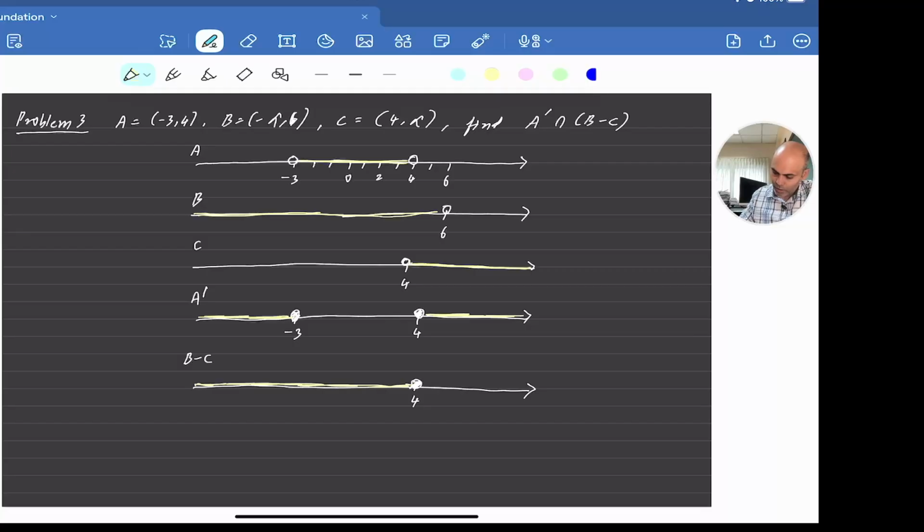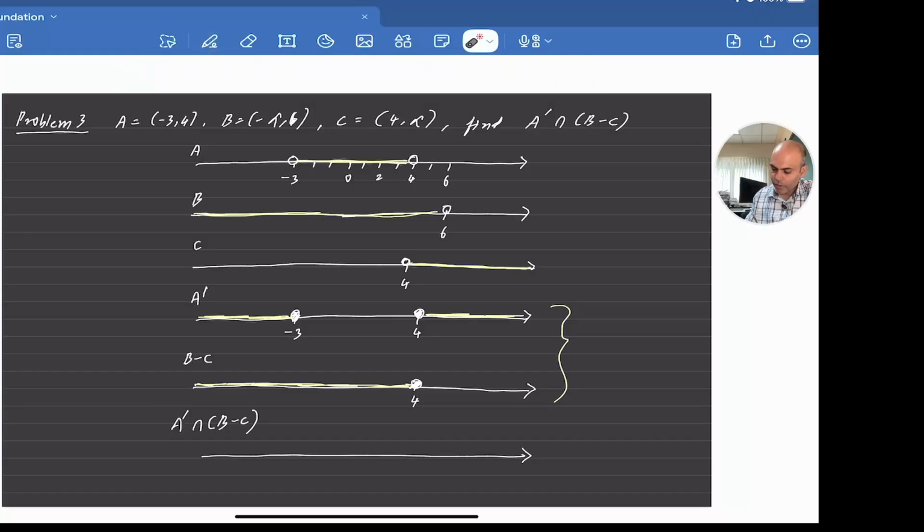So from the last two cases, we can represent A prime intersection B minus C, which includes points that are common to A complement and B minus C. So which includes -3 and all points to the left of -3, as well as 4.